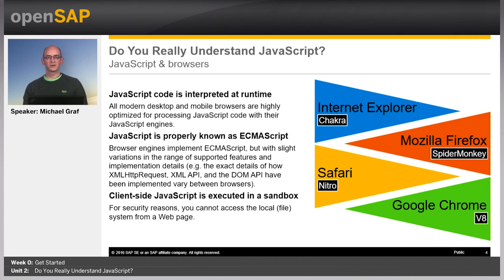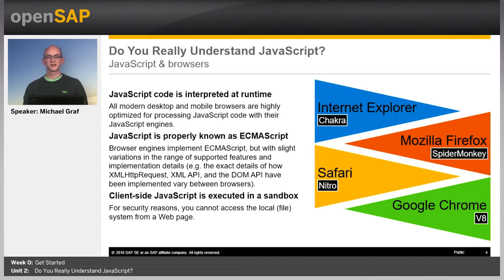So JavaScript is properly known as ECMAScript, and ECMAScript is the formal specification of the JavaScript language. Browsers implement this specification, but there are slight variations in the range of supported features and implementation details. Frameworks, such as SAP UI5, usually cope with this, so you don't need to worry too much about it.